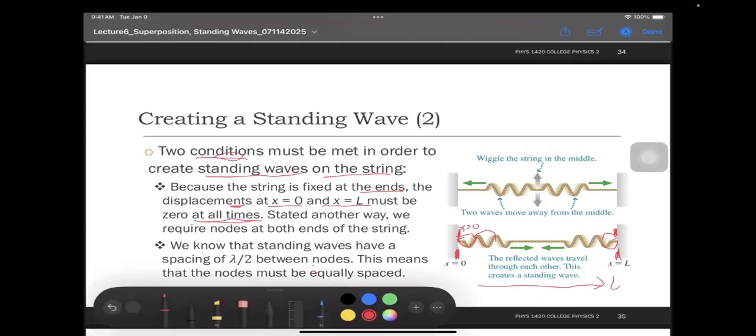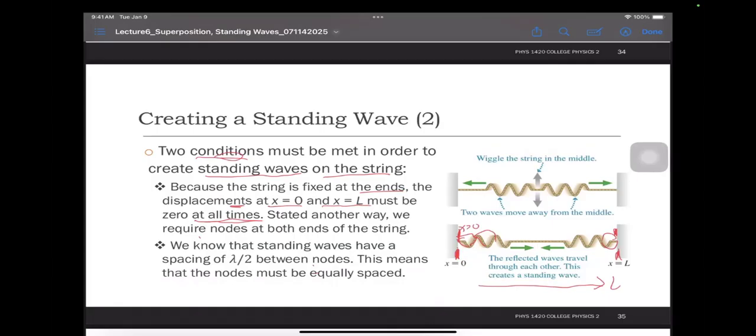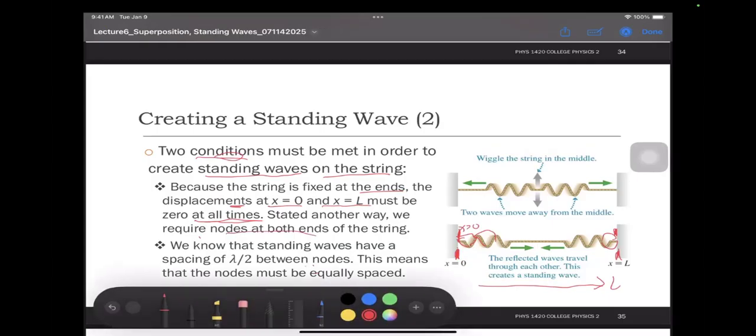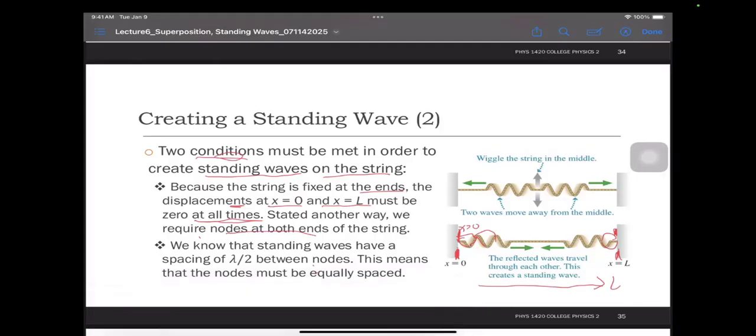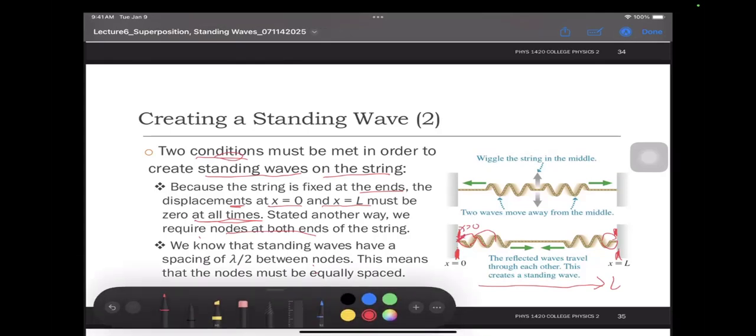Otherwise, this situation will not be satisfied. Because this place should be 0, then there is lambda divided by 2, and this is the next one, and when it reaches here, it should also be 0. So the nodes must be equally spaced, otherwise the end will not be 0. Does it make sense to you?